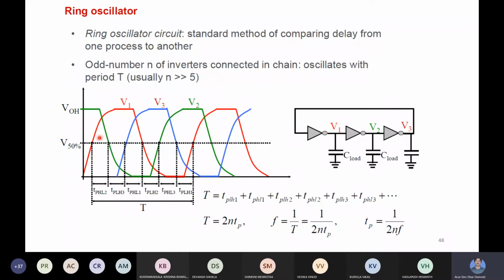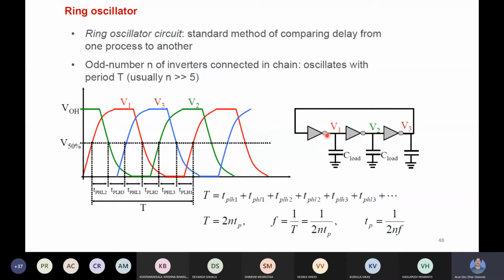Delay calculation. We know we should find out the 50% point. For this inverter the input is V3, so V3 is used for the TPHL and TPLH calculation. If we are calculating TPHL, the first stage output is V1.